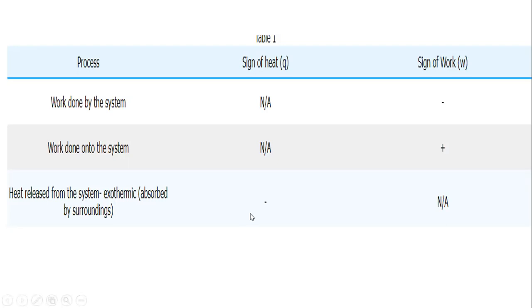If heat is released from the system to the surroundings, it is said to be negative heat. Here there is no possibility of work done. So these are the rules of thumb we have to follow when solving numerical, quantitative problems under the first law of thermodynamics.